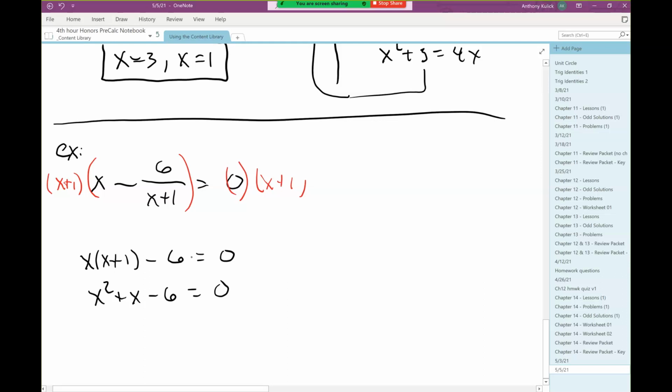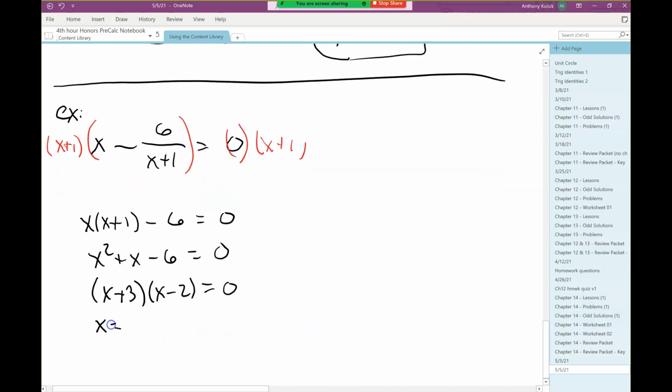Quadratic equation. Again, I can either try to factor this, it might factor, or I can always use the quadratic formula. This one does factor, though. Multiplies to give us -6 and adds to give us +1 would be +3 and -2. So my solutions are -3 and +2.